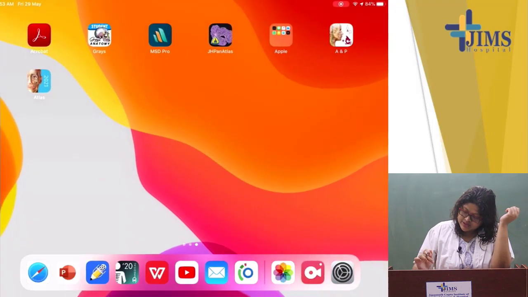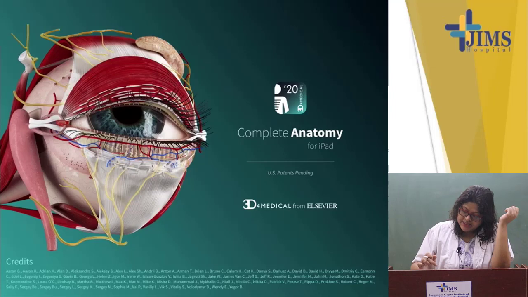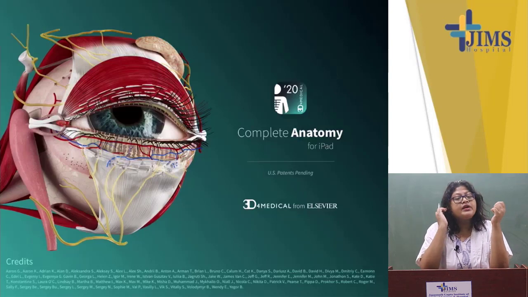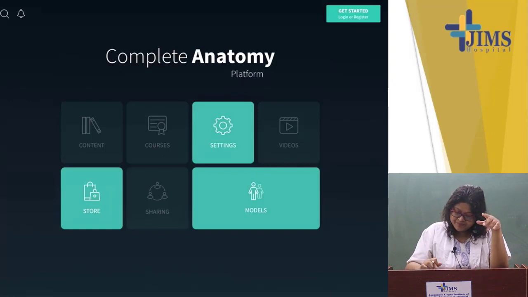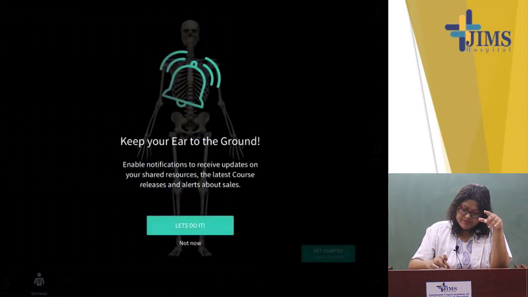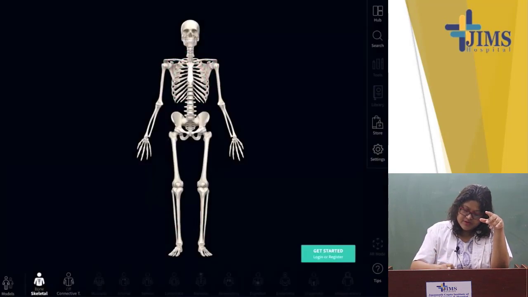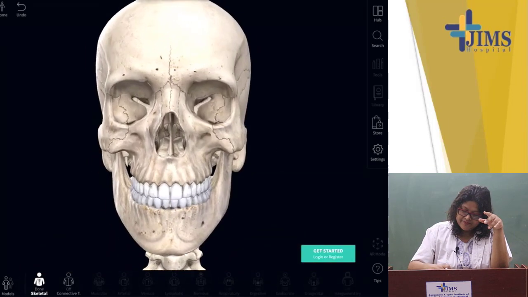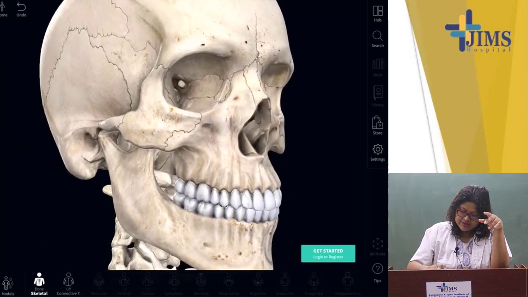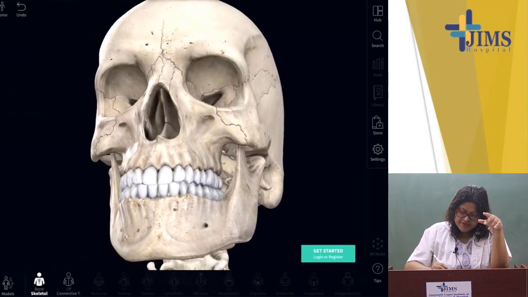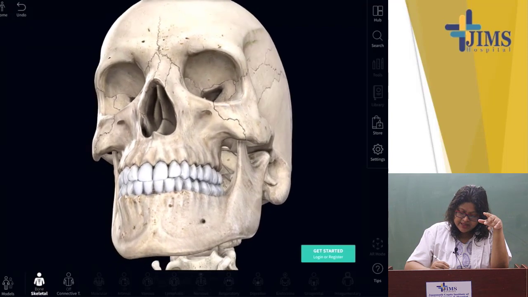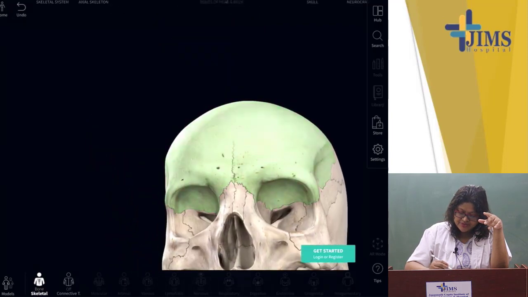We can see it in the Complete Anatomy app. Let's see. The lacrimal gland is an almond shaped gland made up of two parts. Now you can see this is the orbit, and the lacrimal gland is present in the lateral part.